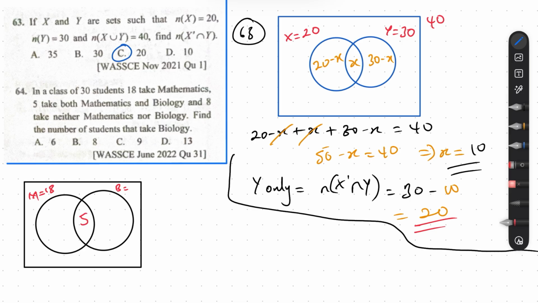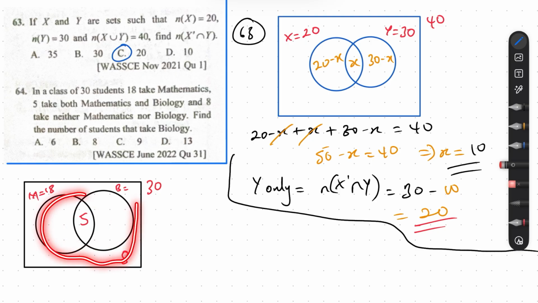It says 8 take neither mathematics nor biology. So that means 8 of the students cannot be found in math and they cannot be found in biology. So it will be outside of the circles. So we put 8. And then the total number of students is 30.